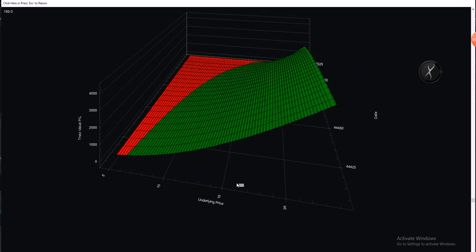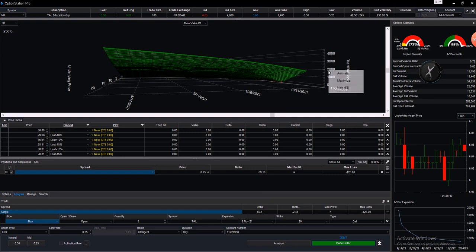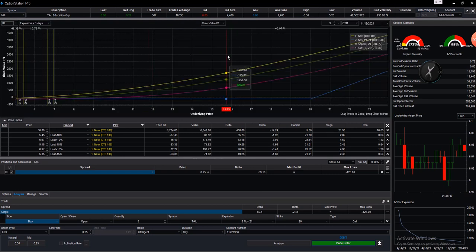All right, let's go to a regular non-3D chart. Here we go. Okay, cool. Alright, so stock is at $6, for example, and we're looking to get a $10 move to 16 right about here.